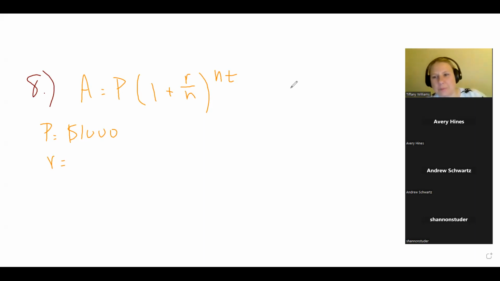Guys, do we ever write it as a percentage? No, you change it to a decimal. Yep, so 6% is going to be 0.06. We've got compounded annually. So what's our N going to be? Because that's the number of compoundings per year. So what would our N be?